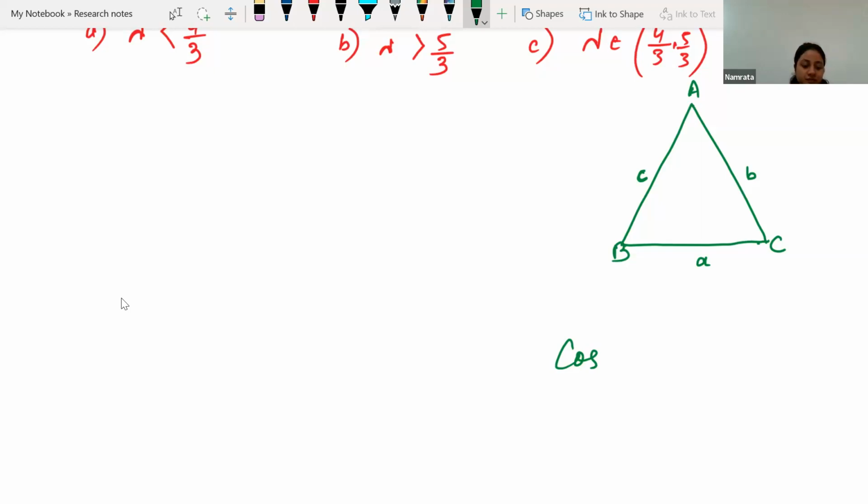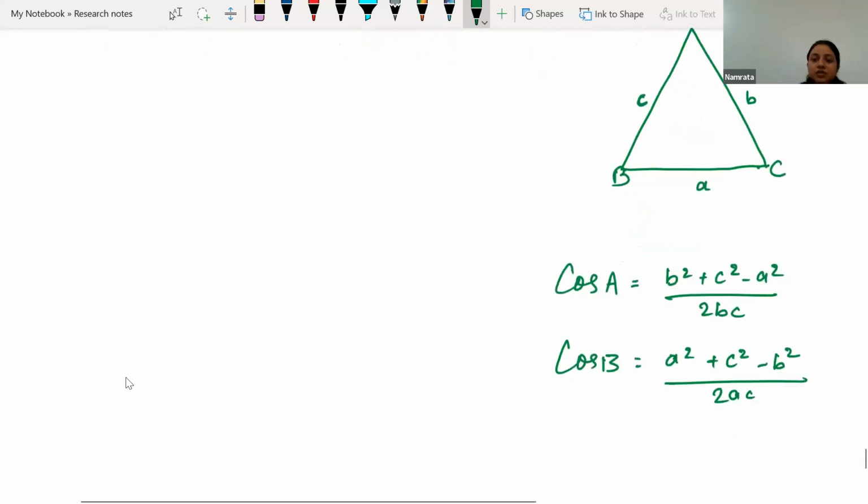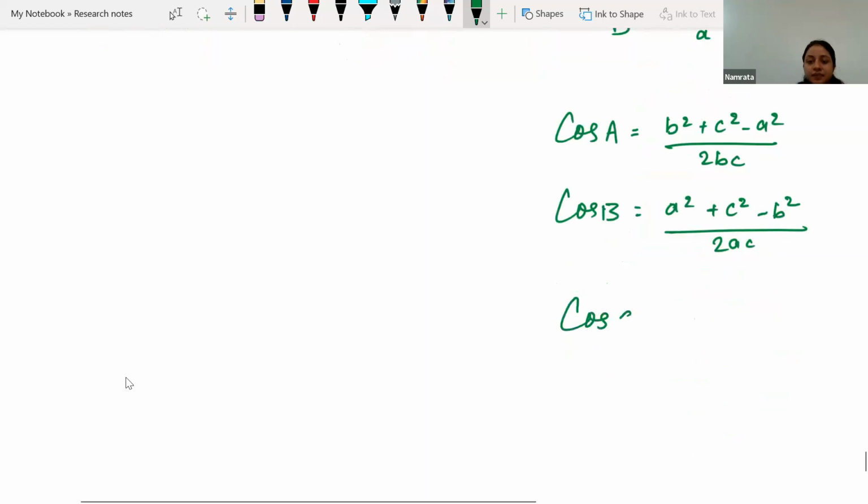So the cosine formula says cos of angle A is equal to b square plus c square minus a square by 2bc. Cos of angle B is equal to a square plus c square minus b square by 2ac. And cos of angle C is equal to a square plus b square minus c square by twice ab.